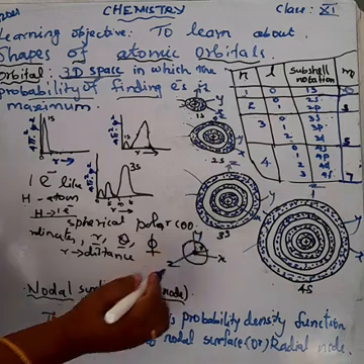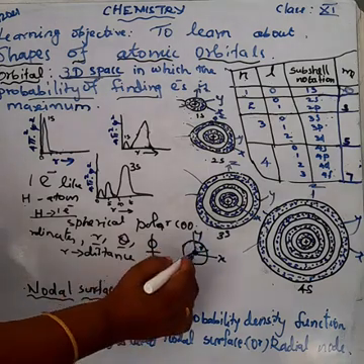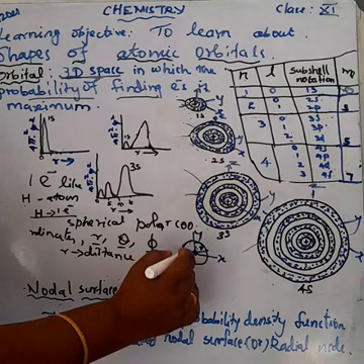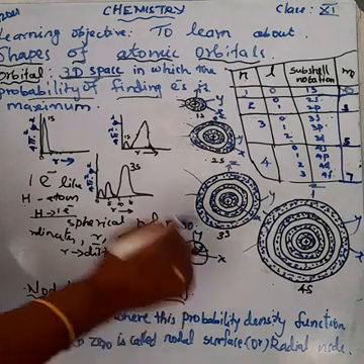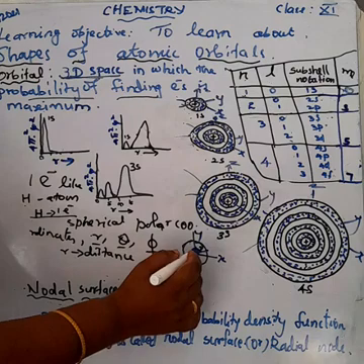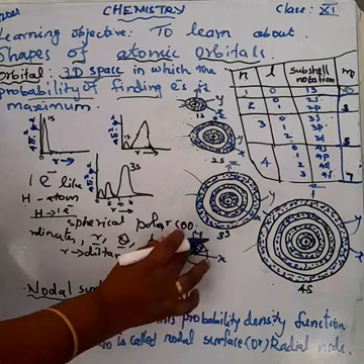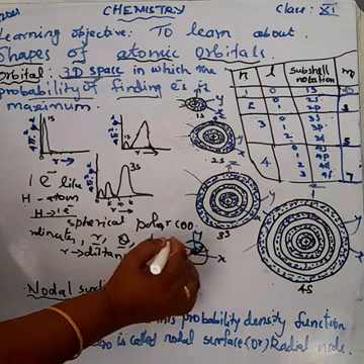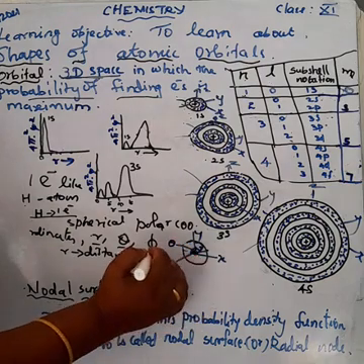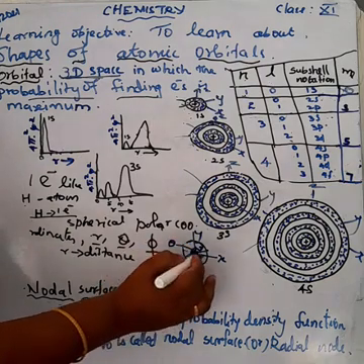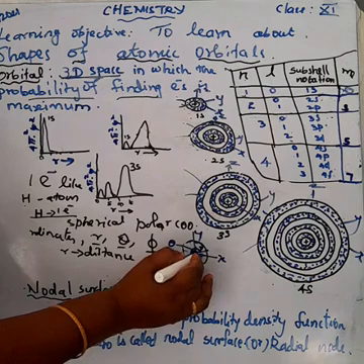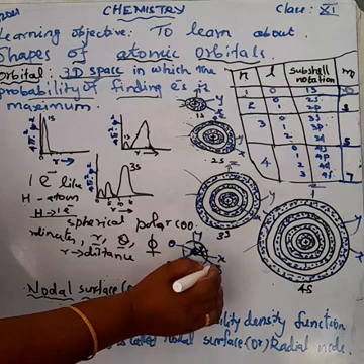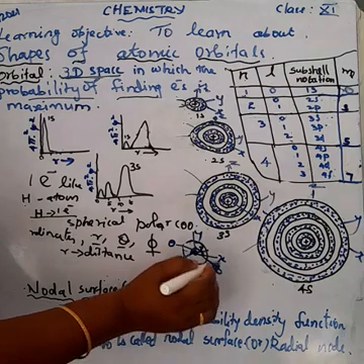Theta means the angle between the z-axis and r. And phi means the angle between the x-axis and r.